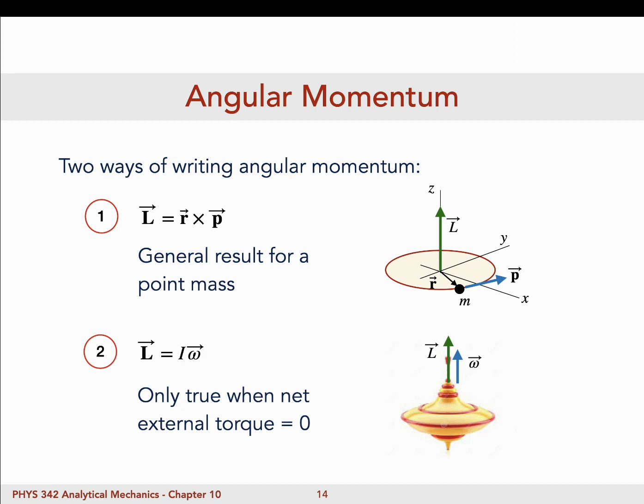The other expression you might have seen is that the angular momentum is the moment of inertia times the angular velocity. So L equals I omega. In this case, if you have a symmetric top spinning around the z-axis, the angular velocity will be pointing along the z-axis and the angular momentum will also.